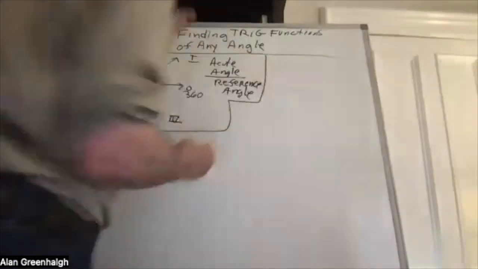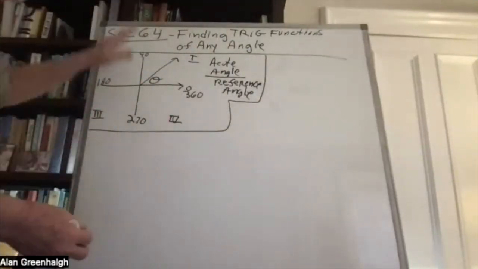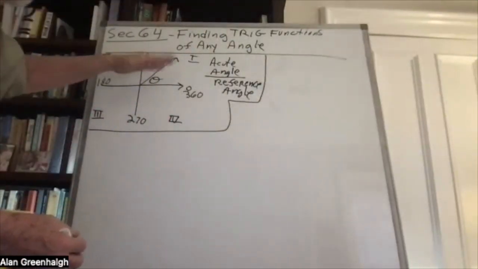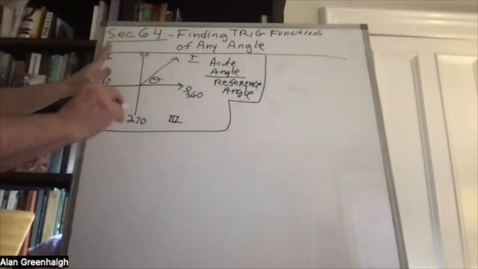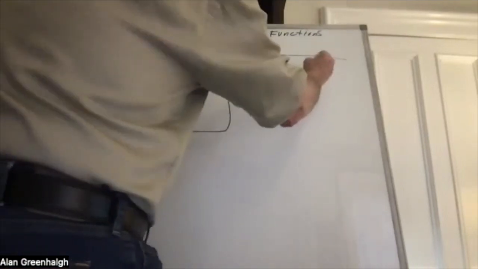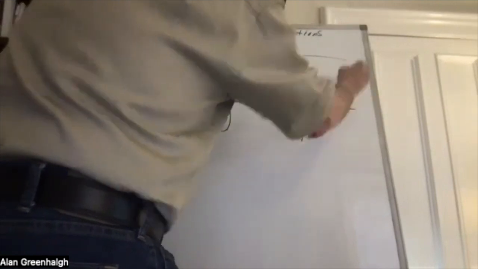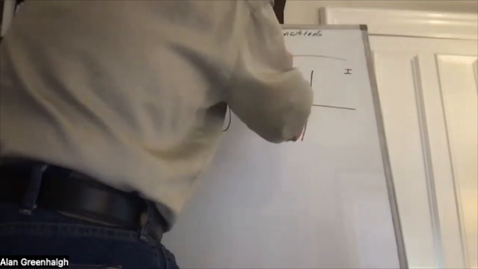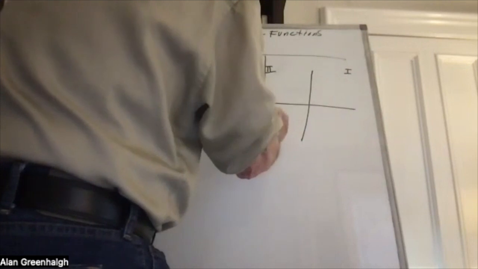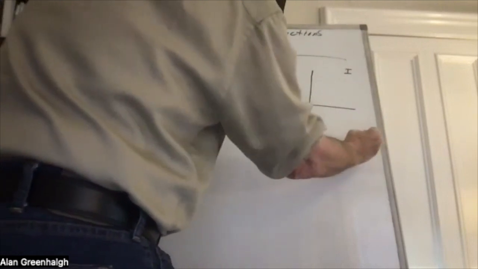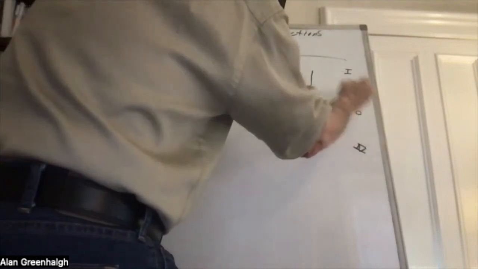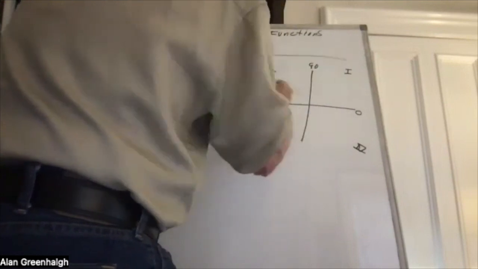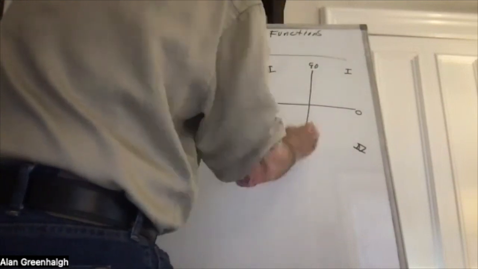Okay, so let's take one quadrant at a time. In the first quadrant, we've looked at the angles. That was very nice. Now we're going to look at the angles in the second quadrant. Let's take a typical angle between 90 and 180.